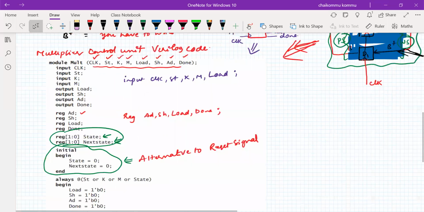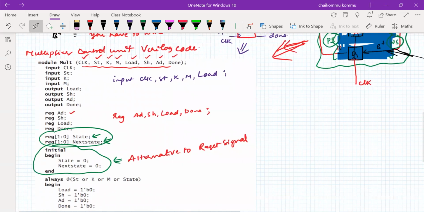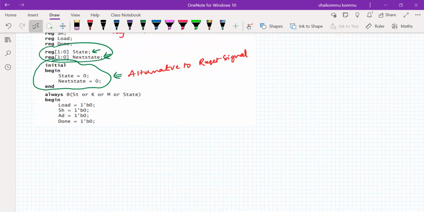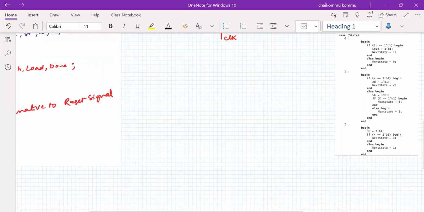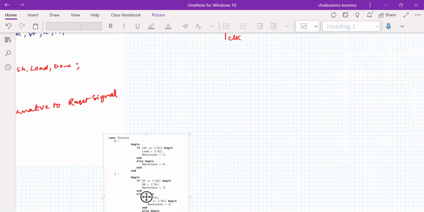So here, first I am writing the combination block. Just wait for 2 minutes.